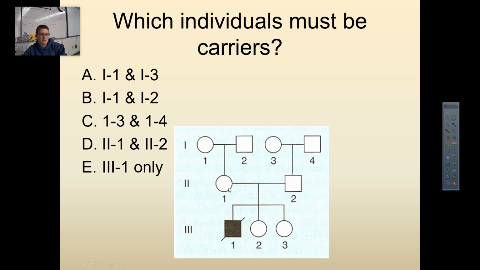So I just don't know. So 1-3 and 1-4, the same problem. Okay, 2-1 and 2-2. Yeah, they have to be carriers because they do give that to their children. So I don't know where they got it from, which parents they got it from. Probably one on each side, honestly. So somebody must be a carrier here and somebody must be a carrier here, but that's all I can tell.